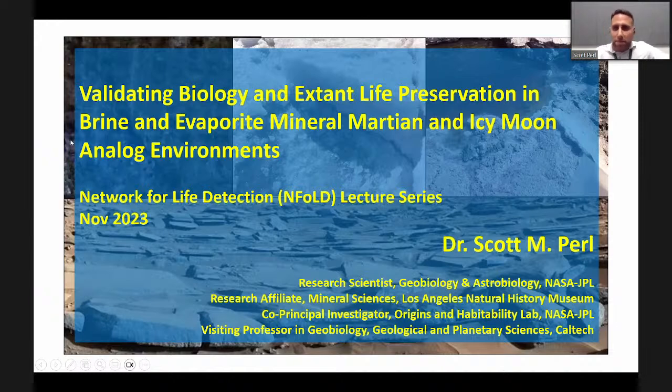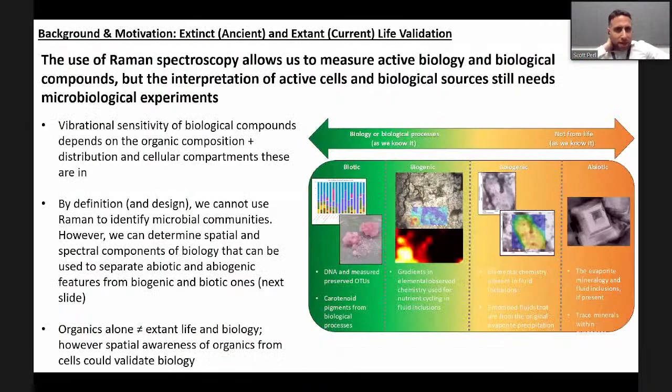And I'm happy to discuss this in terms of both this talk as well as our think tank section later on. But to kick it off, I wanted to make sure that we're on the same page regarding how we categorize life. In terms of NASA's exobiology programs and how we go about life detection, we're still in the habitability realm a lot of the time, trying to look at features that could have supported life.